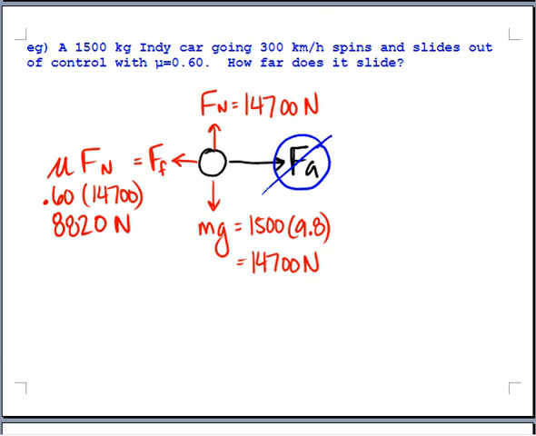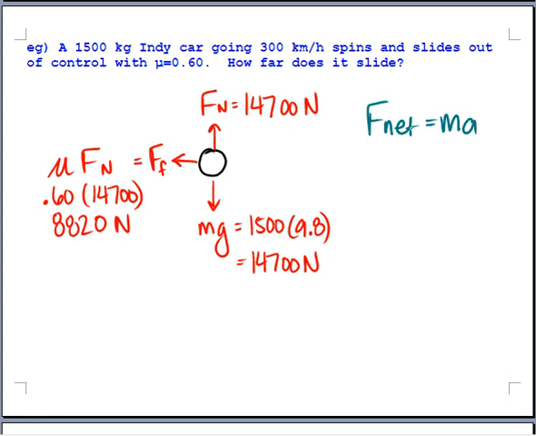So in a skidding car example, when you step on the brakes in your car, there is no forwards force. Our free body diagram actually looks like that. Which is kind of nice because when you go to run the equation, F net equals ma, what is the net force? Well, your downward force and your upward force are equal but opposite and fighting each other, so they cancel out.